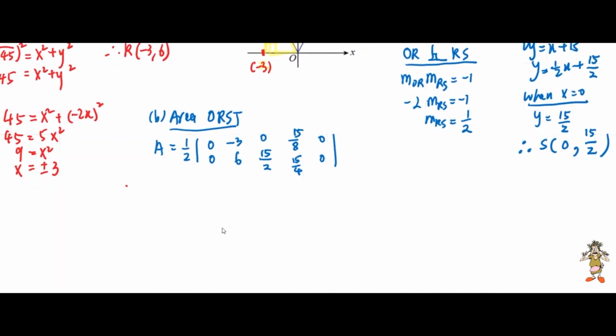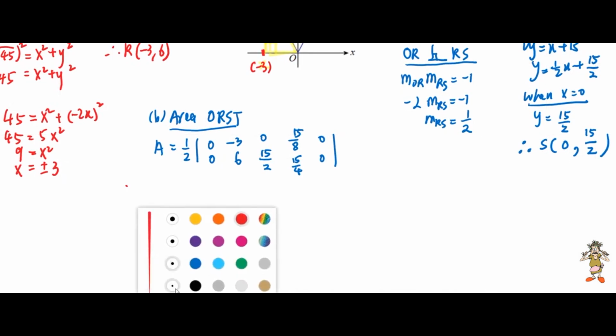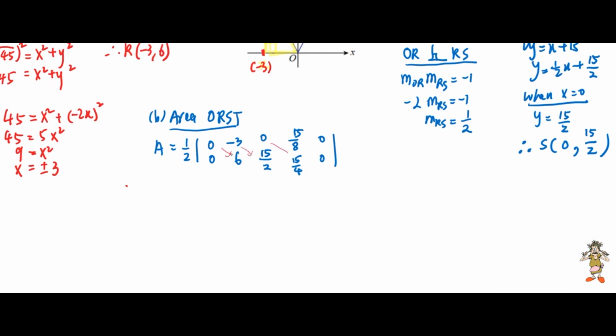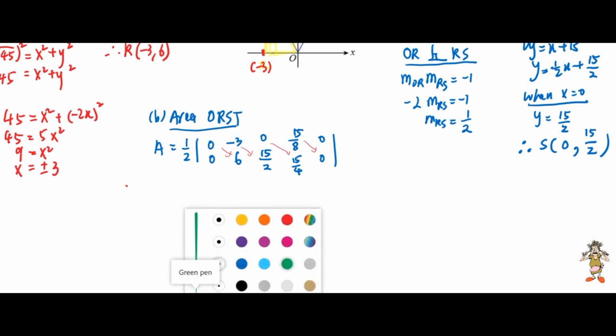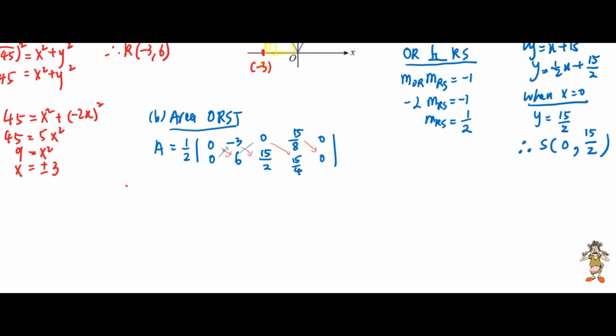We use this method to calculate the area. Now let me show you. We multiply and add, and another one.